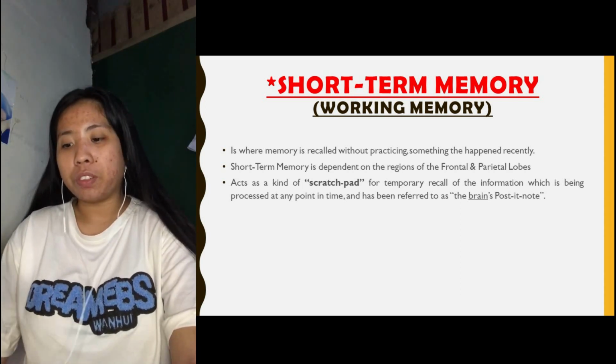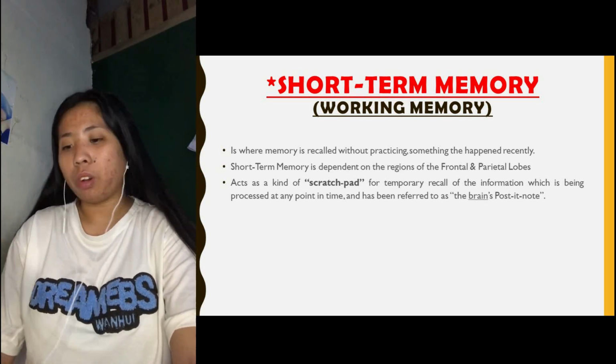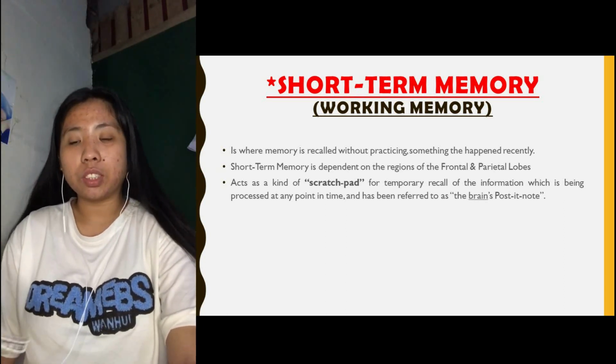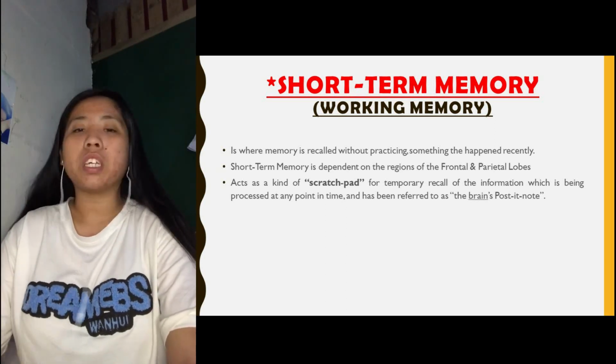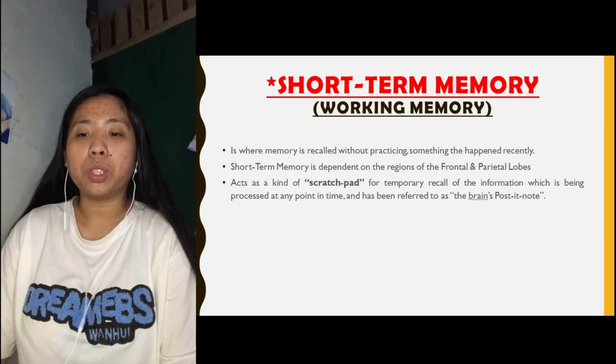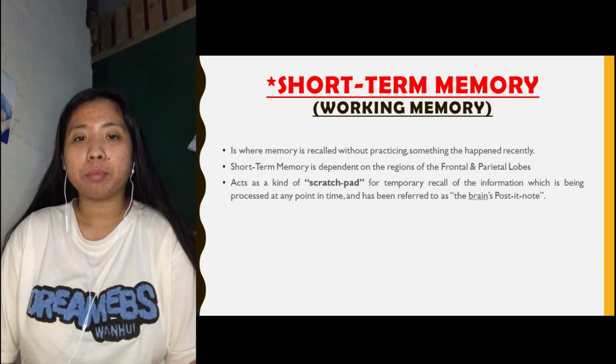So the examples of this are where you parked your car this morning, or what you had for lunch yesterday, and remembering details from a book that you read a few days ago. Those are the examples of short-term memory.